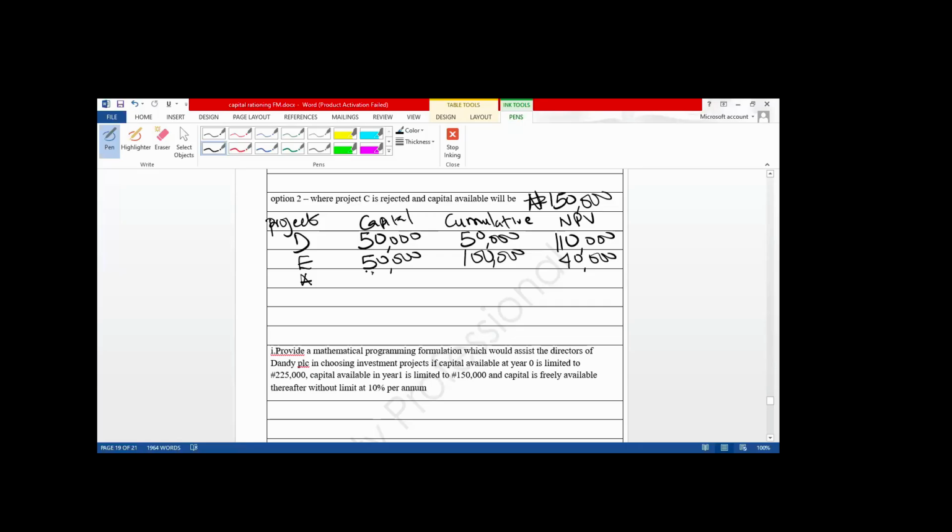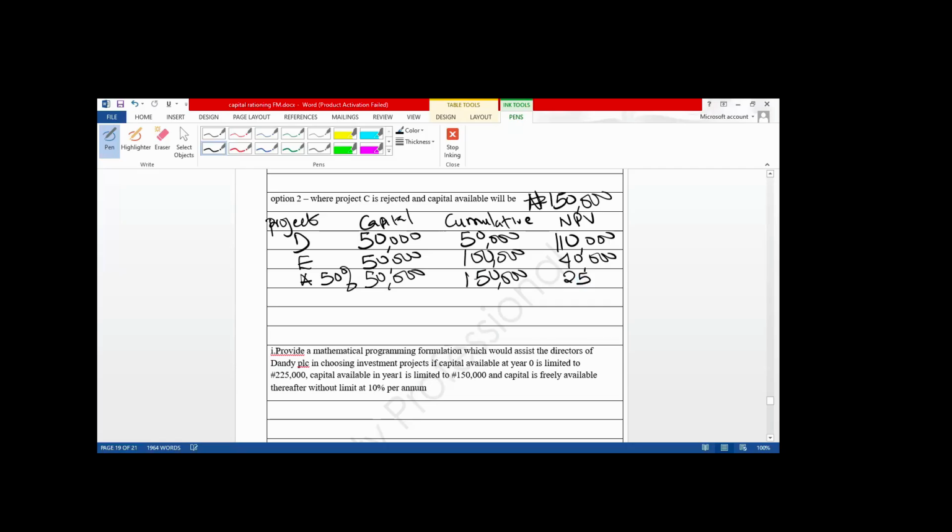You are left with 50,000. That means you can only do 50% of project A. Cumulative 150.